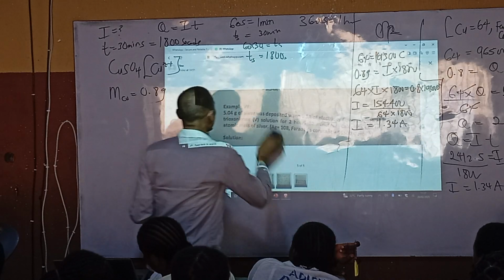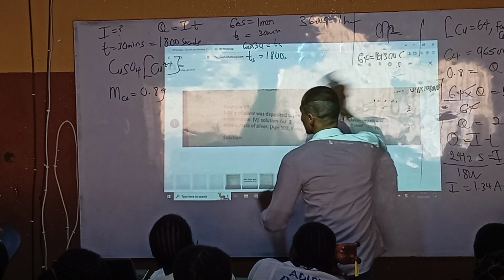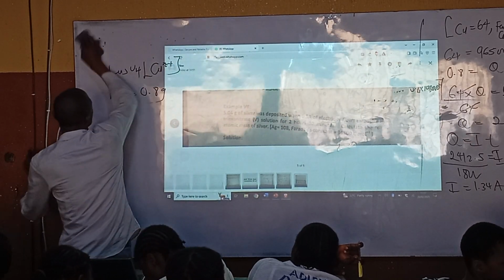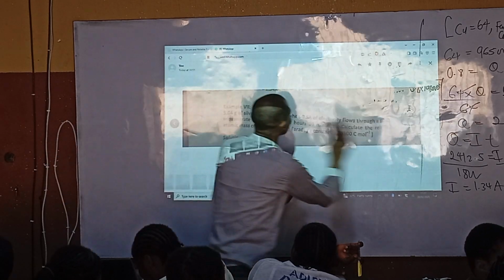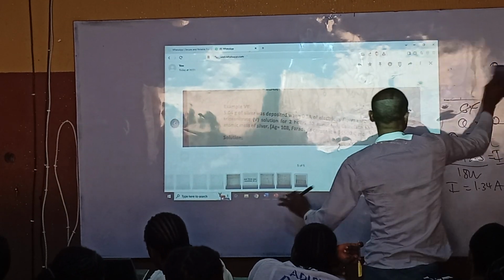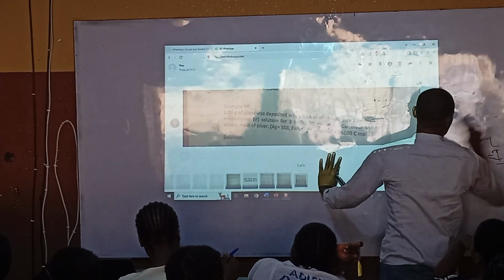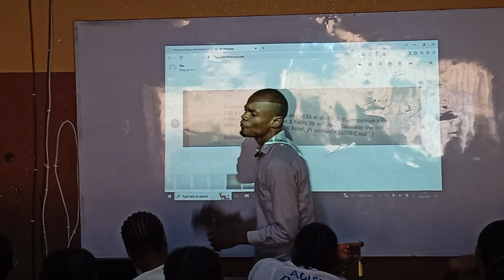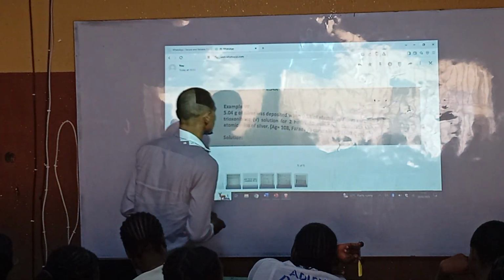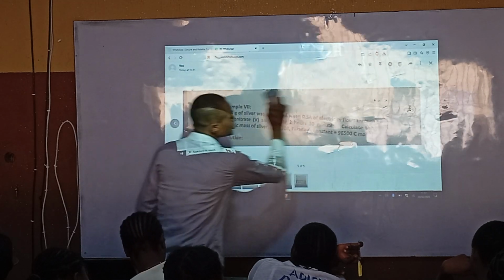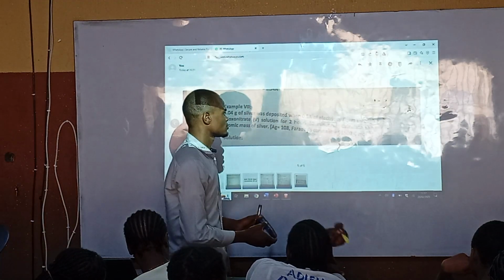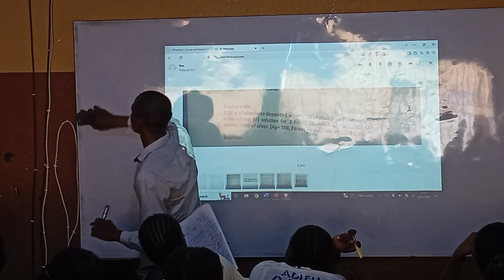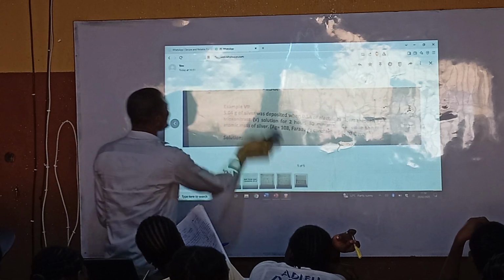You should try it. 5.0 gram of silver was deposited when 0.5 ampere of electricity flows through a silver trough 95 for 2 hours 30 minutes.